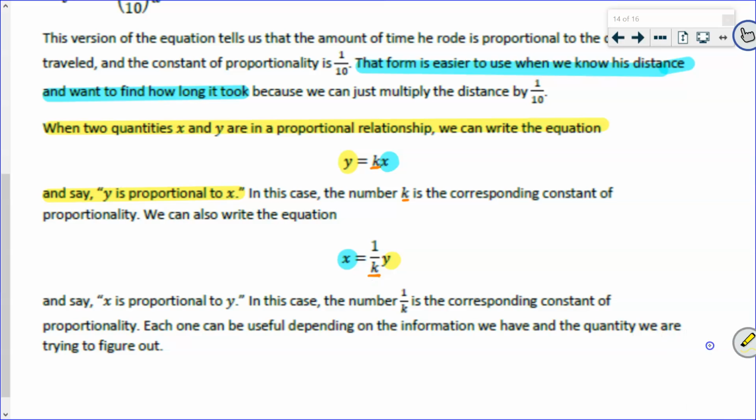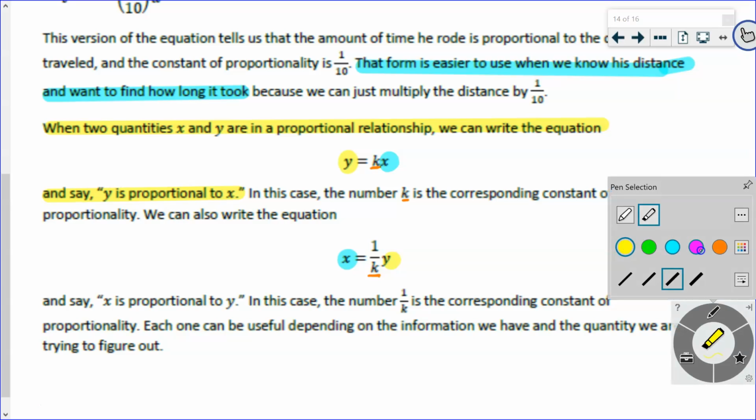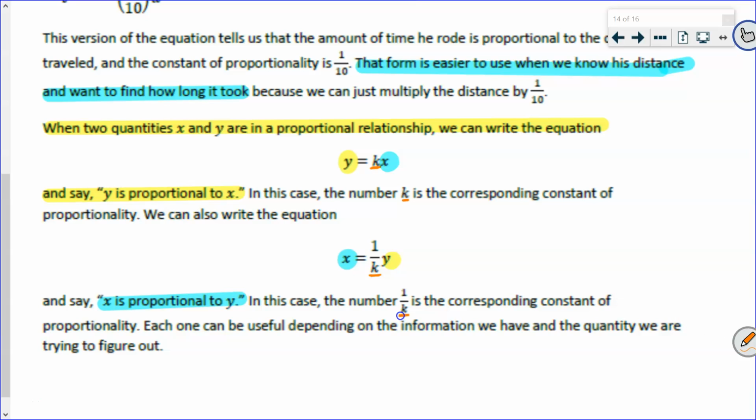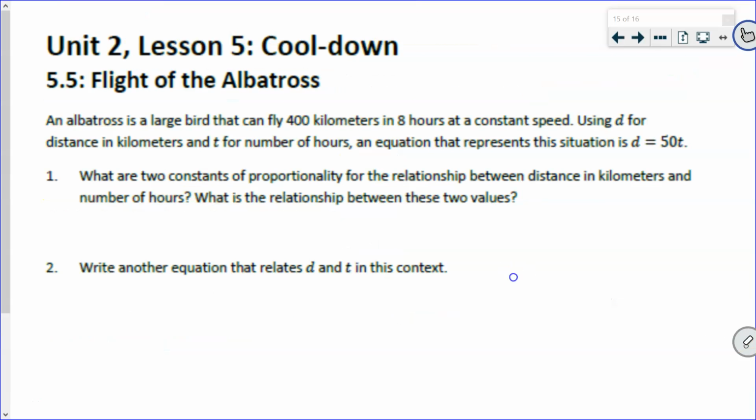In this case, we would say that x is proportional to y, and 1/k is the corresponding constant of proportionality. Again, that relationship is reciprocals. This is going to be incredibly helpful as we get to this cool down.